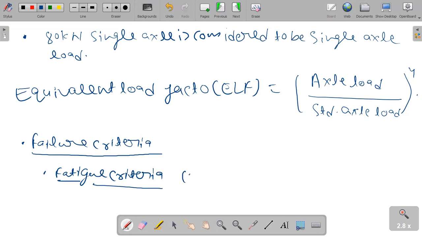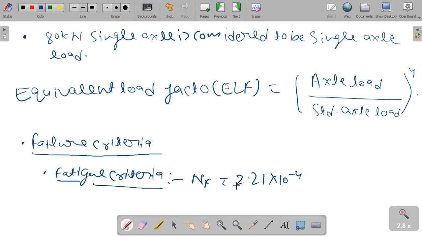Fatigue criteria is under failure criteria.